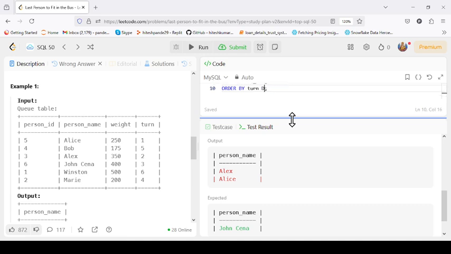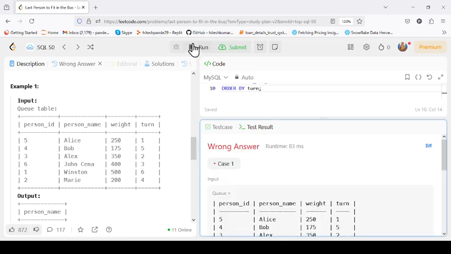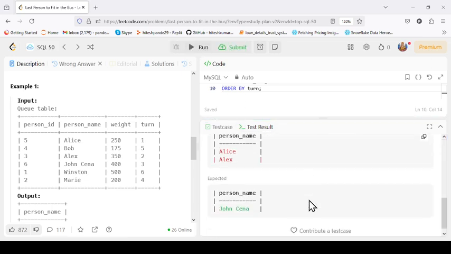We will try to set this much only. Now let's see what we will get.